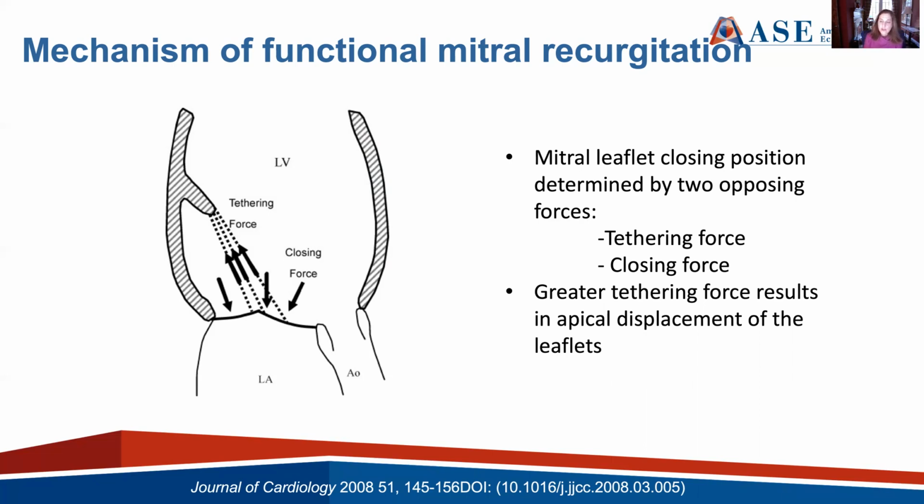So when you have greater tethering force, it results in apical displacement of the leaflet, because you can see here that the tethering force is actually pulling on that mitral valve and trying to keep it from moving towards the annulus, and it is closing in a more apical location, and that's what we call tethering.